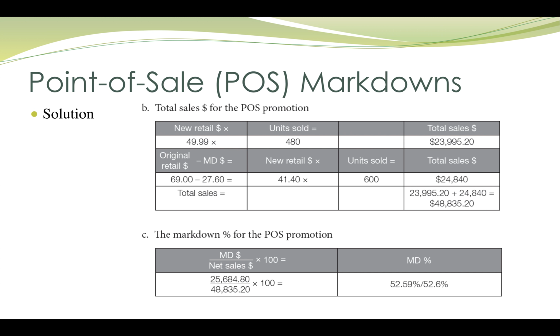Original retail price of $69 minus the markdown dollars, $27.60, the new retail price, $41.40 times units sold, and we achieve the number 24,840. We're going to add those two figures to find the total sales, $48,835.20.